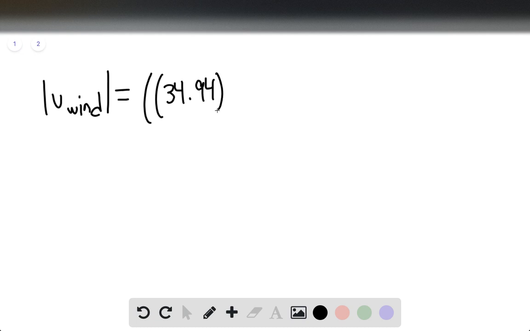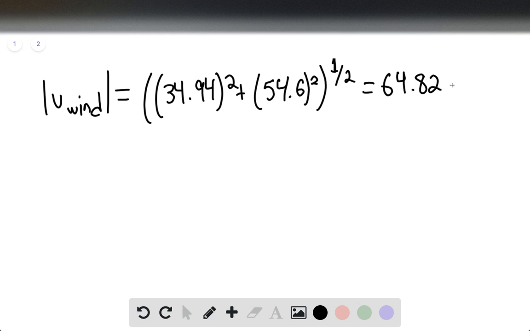And to find the magnitude of wind, we're going to say that this is going to be equal to 34.94 squared plus 54.6 squared, all to the 1/2 power, and this is going to equal 64.82 kilometers per hour. So this will be our magnitude of the wind speed.